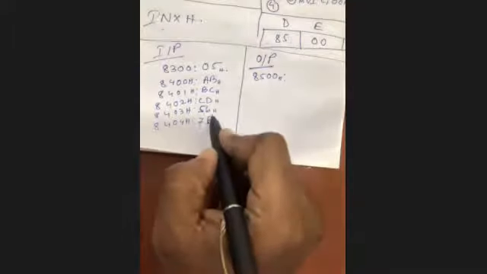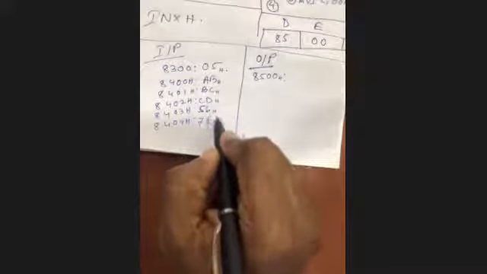Sir, 0 to F, any number can be decimal and hexadecimal both. 0 to 9 is compulsory for decimal. In hexadecimal 01, 02, 03 are all possible. So it may be decimal, maybe hexadecimal. That's why H is mentioned. So it's nothing but a hexadecimal number. Okay.